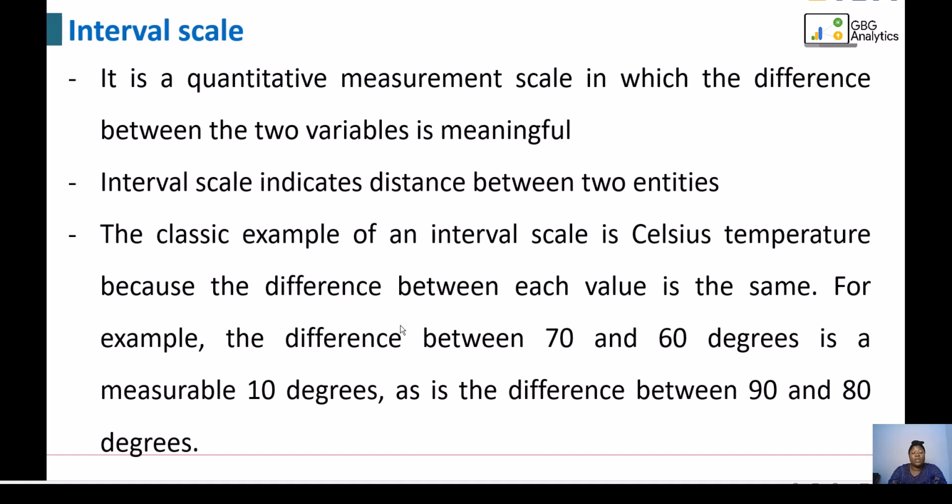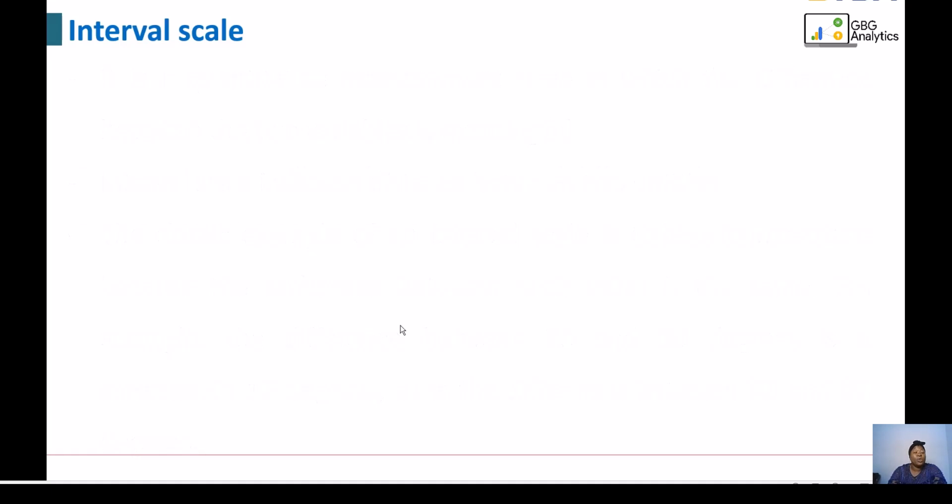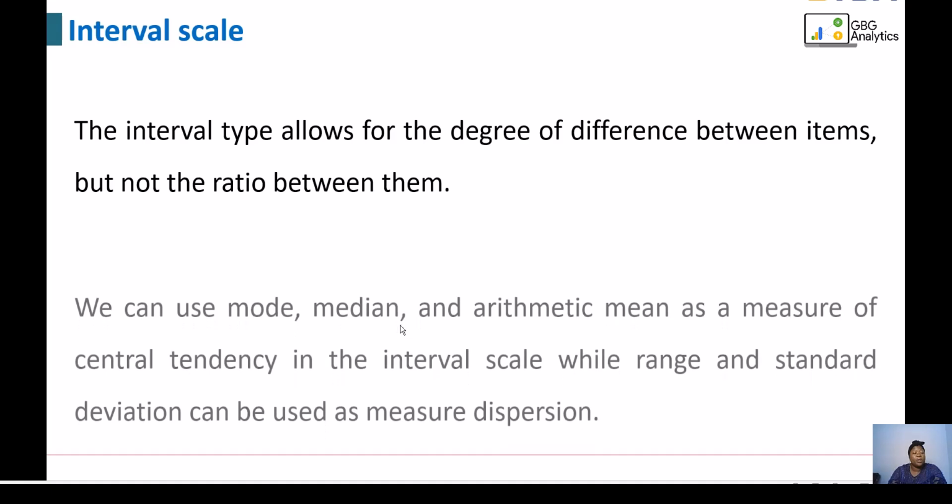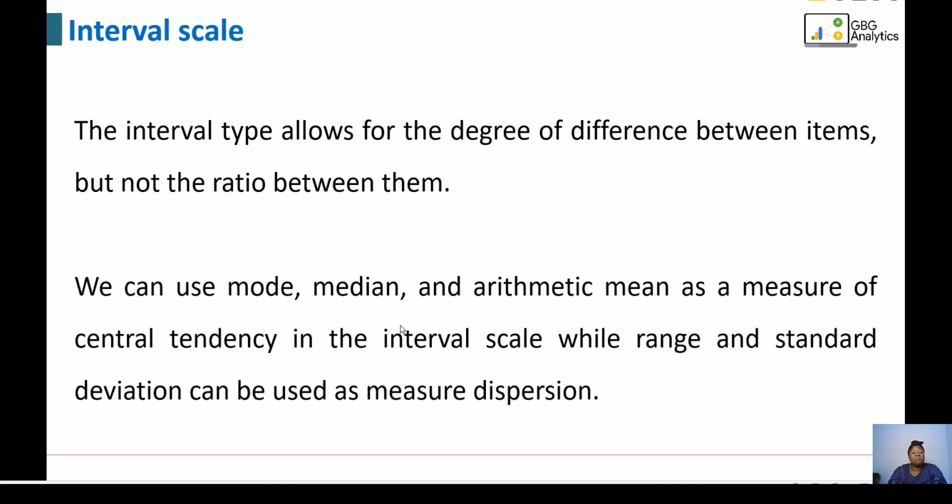For example, the difference between 70 and 60 degrees is the measurable 10 degrees, the same as the difference between 90 and 80 degrees. The interval type allows for the degree of differences between items, but no ratio between them. We can use mode, median, and arithmetic mean as a measure of central tendency in the interval scale, while range and standard deviation can also be used as measures of dispersion.